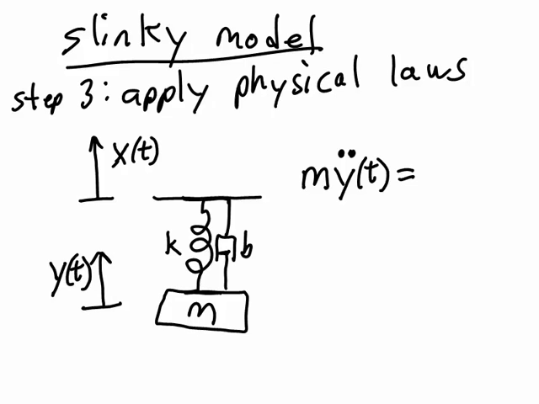So I'll start with the spring force. The spring force is in the positive y direction, and it's equal to the product, K, times the difference between the position of the top and the position of the bottom.